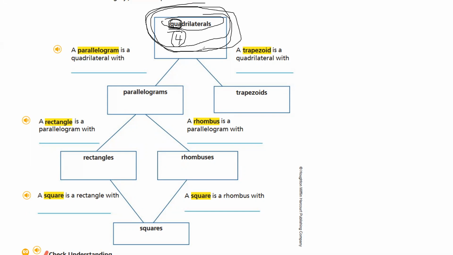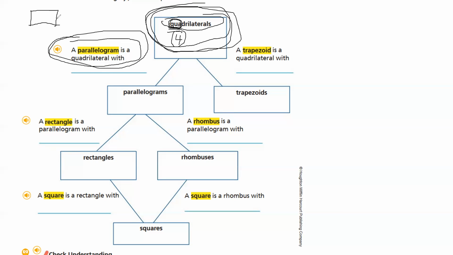Now, in order to be a part of the 4-sided club, one of 2 things must be true. You're a parallelogram or you're not a parallelogram. A parallelogram means that no matter what, you have 4 sides, so that means there's 2 couples. These 2 lines are a couple. Why are they a couple?